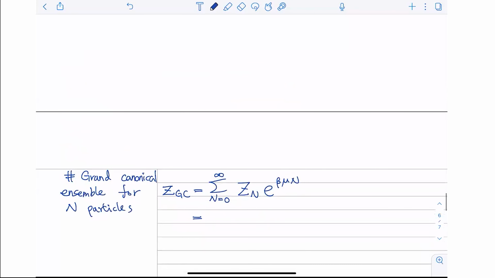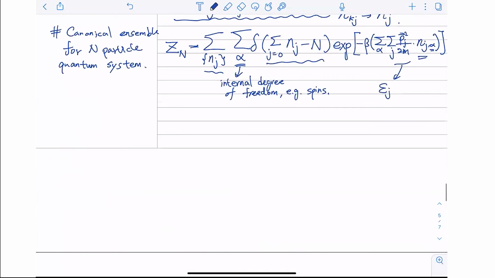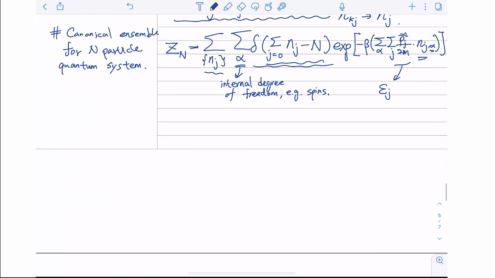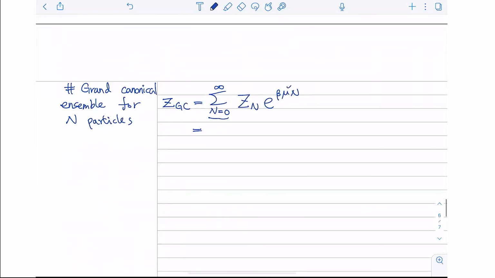By the way, if we sum over all the possible n, because of this delta function, we will put the summation of nj into this exponential and replace the n with the summation of nj.